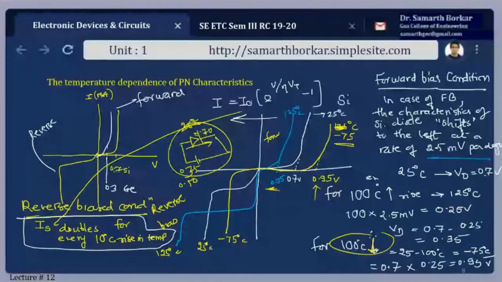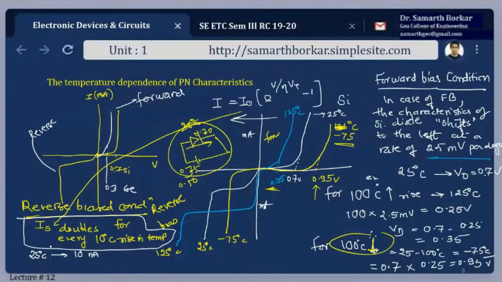Meaning, at 25 degrees Celsius, that is the room temperature, if the current is 10 nanoamperes. Remember, the reverse current is always minimal. It is expressed in terms of nanoamperes. Here, the forward current is in terms of milliamperes. This is nanoamperes, very small value.